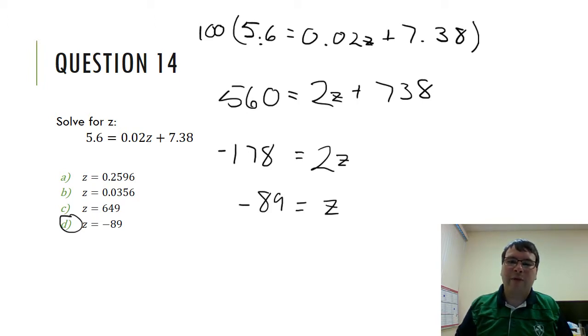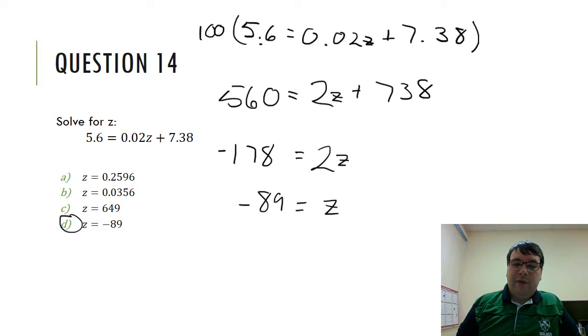We're going to multiply everything here on the entire problem by 100. What that's going to do is 5.6 times 100 is now 560. When we're multiplying over here, that's going to give me 2z. When we're multiplying over here, that's going to be 738.